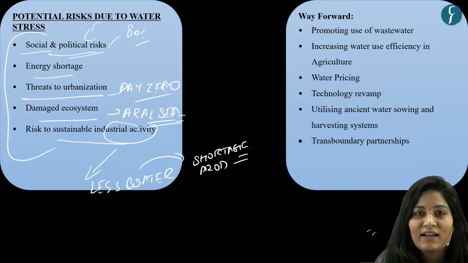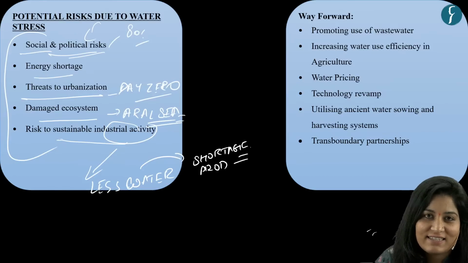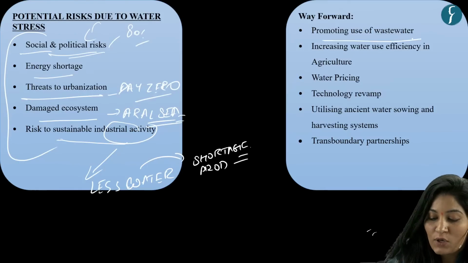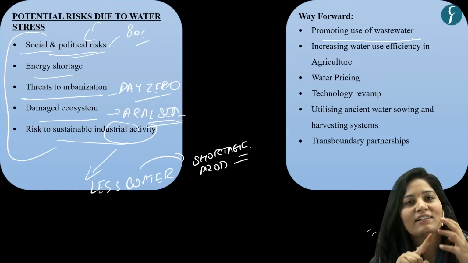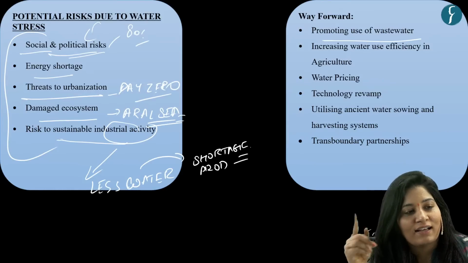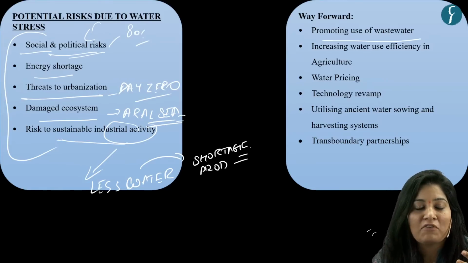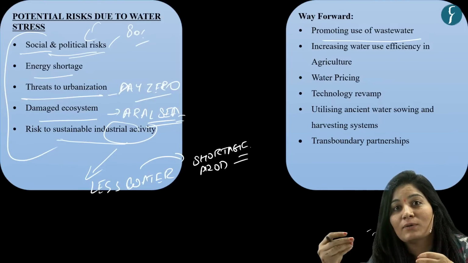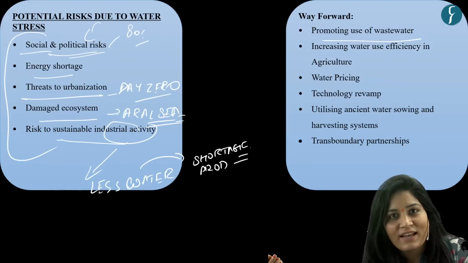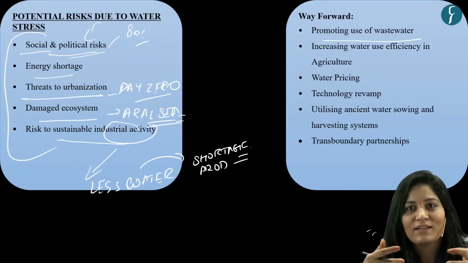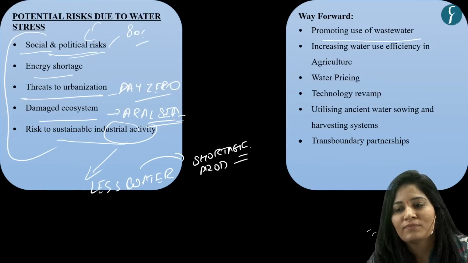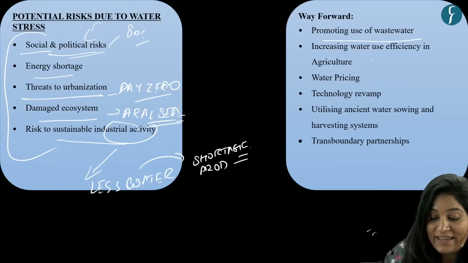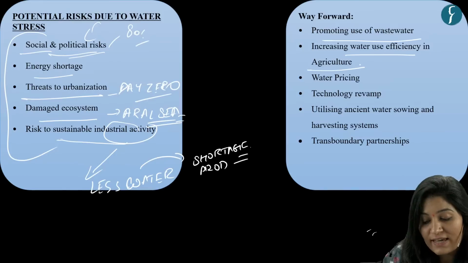Now, what should be done? It is the ideal way to end our answer by promoting use of wastewater, recycle, and reuse of water. This can be done by thermal power plants and different industrial establishments. Basically, it will reduce their industrial water footprint, and even in urban areas, like in horticulture, vehicle washing, etc. Then increasing water efficiency in agriculture.